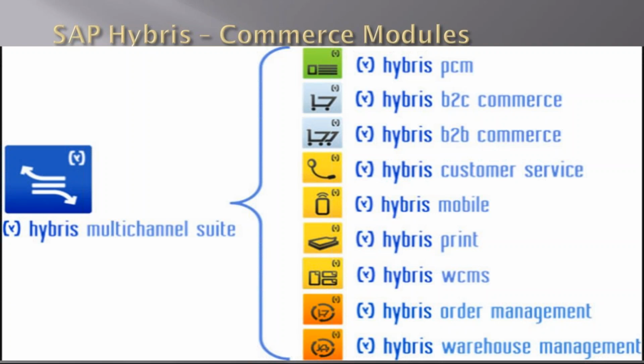The client may want to install only B2C, which is up to the business requirement, or B2B commerce, or a combination of B2B and B2C. That is 100% dependent on the client requirement. And the third one is Hybris customer service.